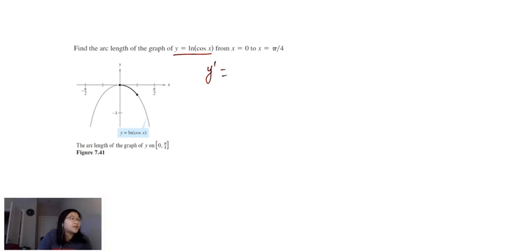Y prime is 1 over cosine of x times derivative of cosine, which is negative sine of x. So what's that? Negative sine over cosine. And what do we get?